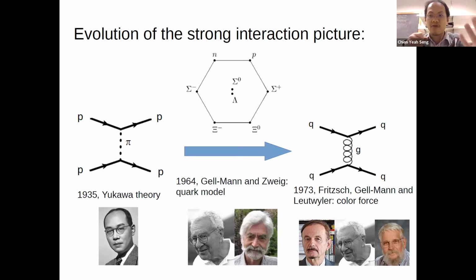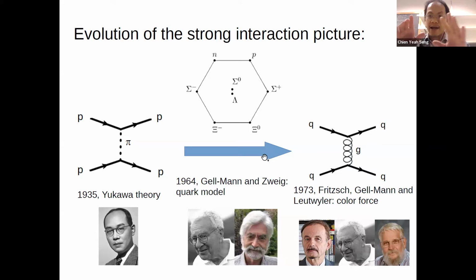So they proposed that hadrons are not elementary particles, but composite particles built up from smaller elements known as quarks. So they introduced the quark model.